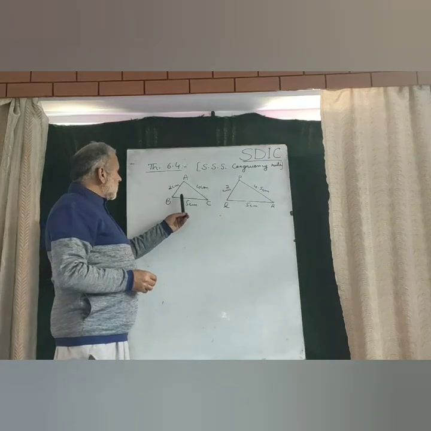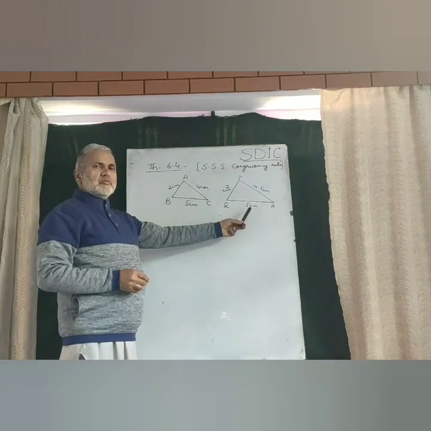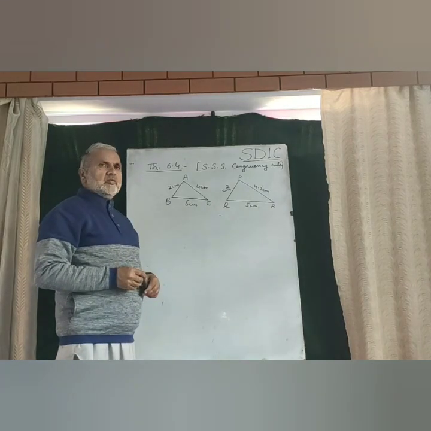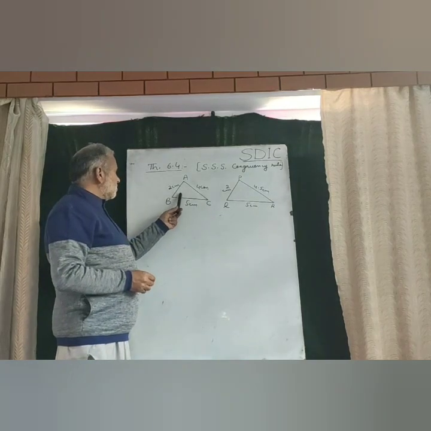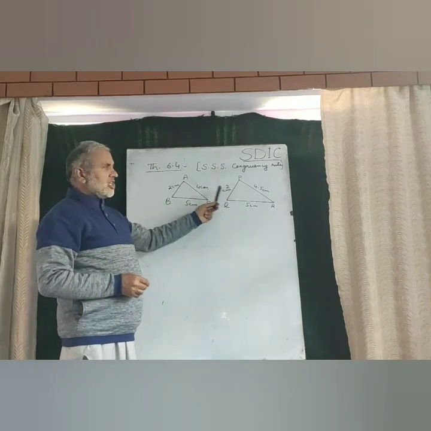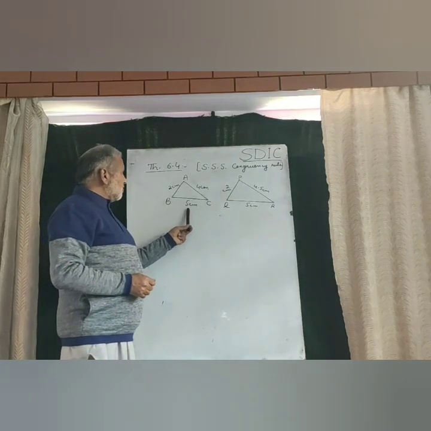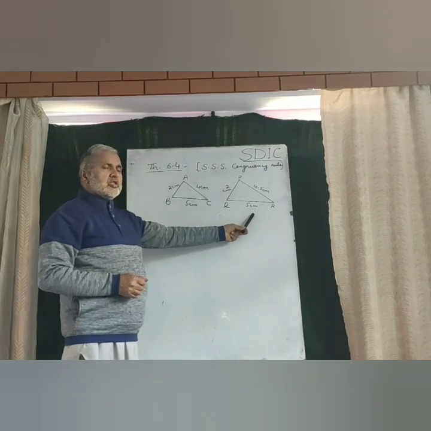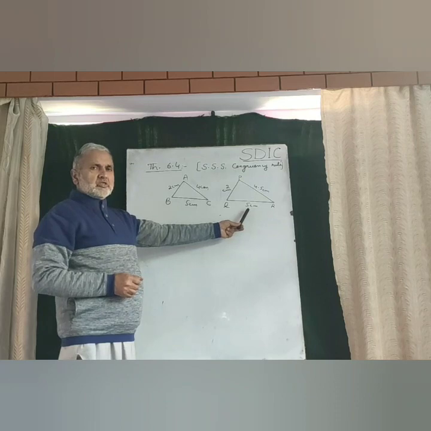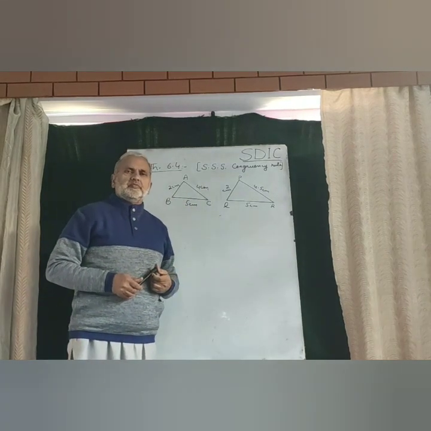The lengths of the sides of first triangle and the lengths of the sides of second triangle, are those equal? We have one side of this triangle 2 centimeter. Here also we have one side of length 2 centimeter. They are equal. Corresponding sides we call such sides. Another side of 5 centimeter we have in this triangle also. But the lengths of the third sides are not equal.